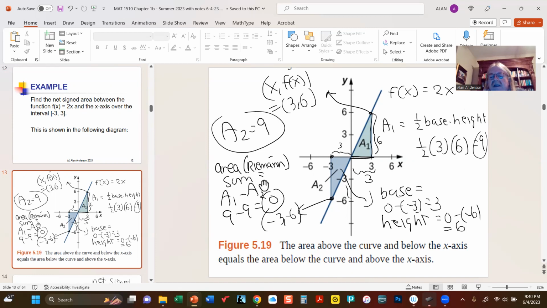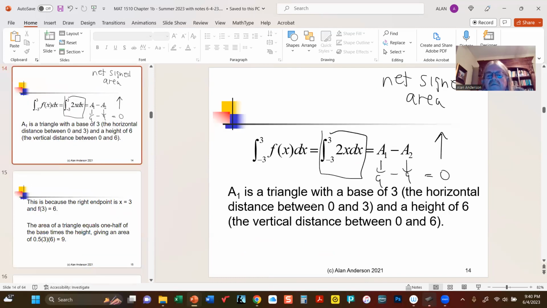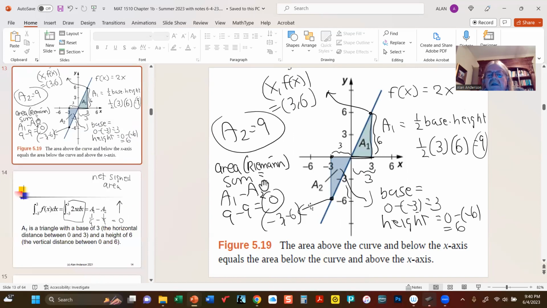The height is actually -6, because it's under the line, but we're going to call that +6. And so the two of them have the same area. So the grand total is 0 because we're taking A1 minus A2, which is 9 minus 9, which is 0.